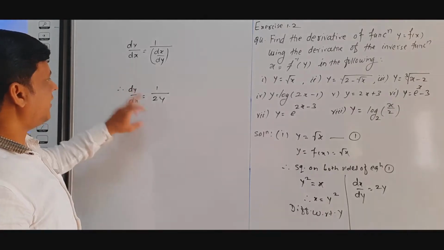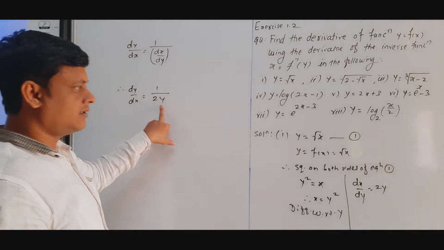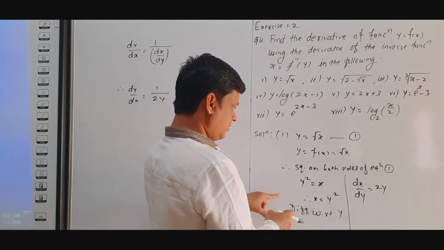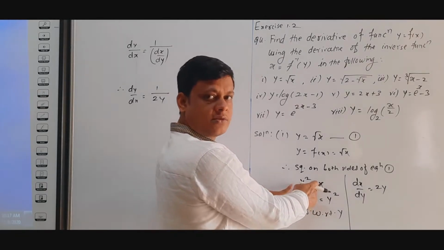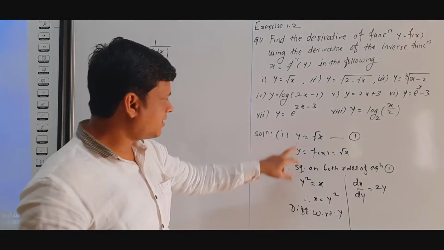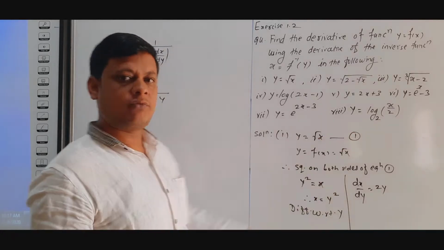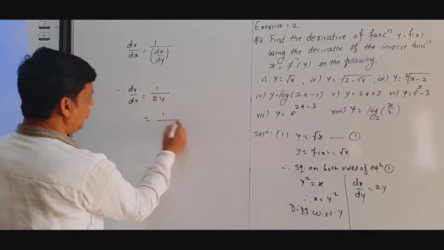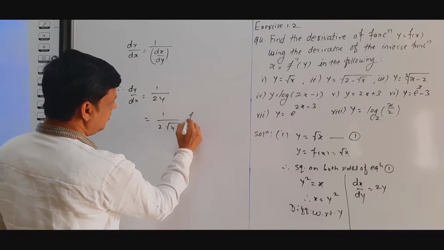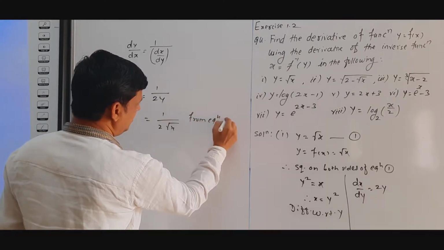Now we require this y in terms of x. So from this y square equals x, we can replace this y by root x from equation 1. So we write here 1 upon 2 root x from equation 1.